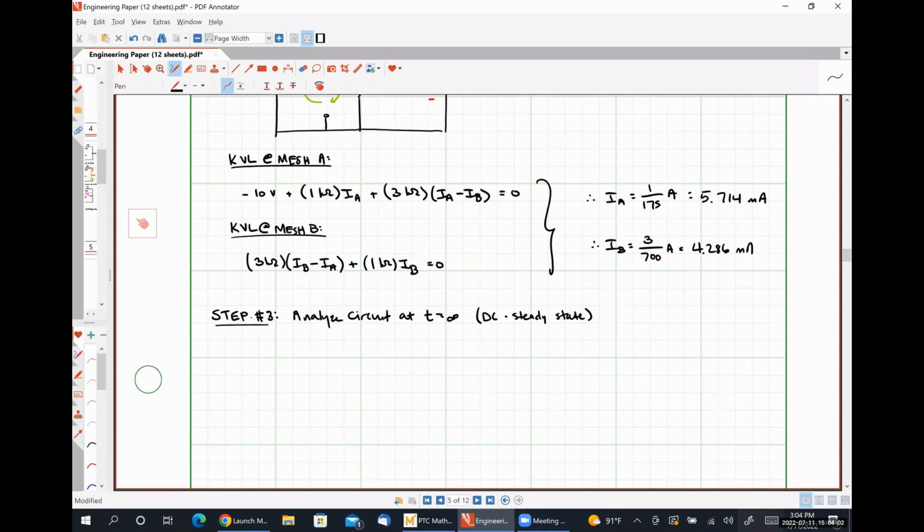I think I've got enough room here. Let's see if we can make it happen. Here's our 10-volt source. Here's our 1 kilo ohm resistor. Here's our 3 kilo ohm resistor and our open circuited switch.